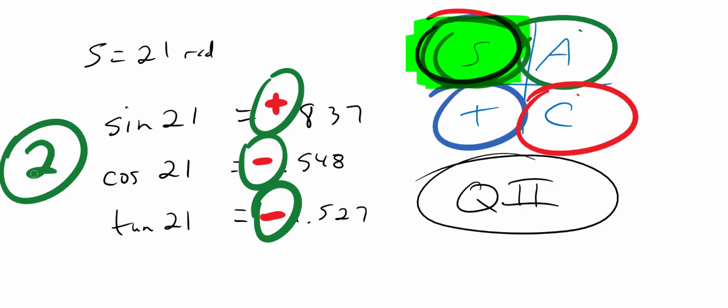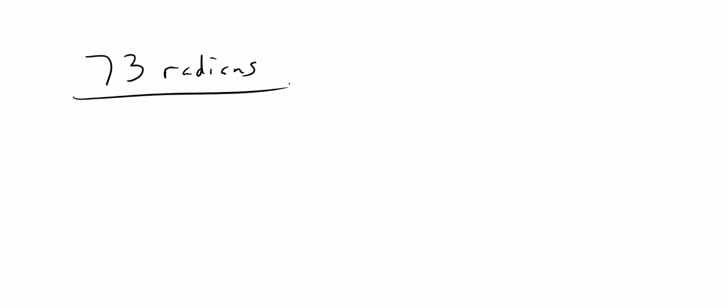Okay? So let's do another problem here. How about 73 radians? That's pretty friendly. So I'm going to type in sine of 73.